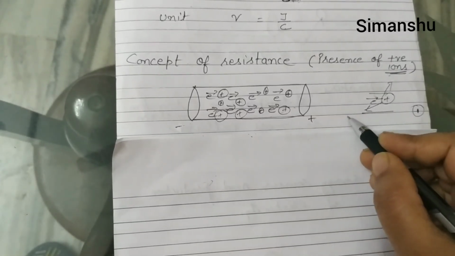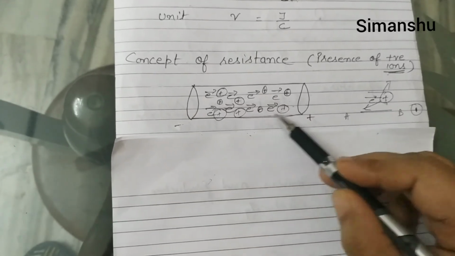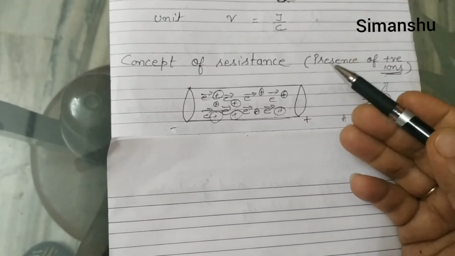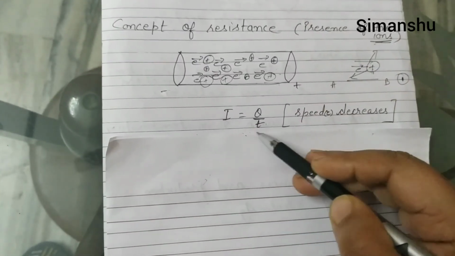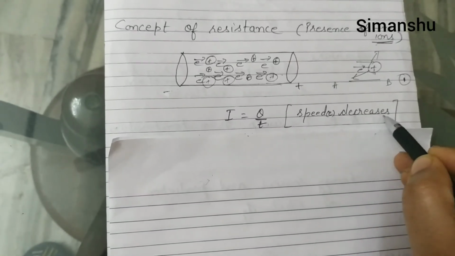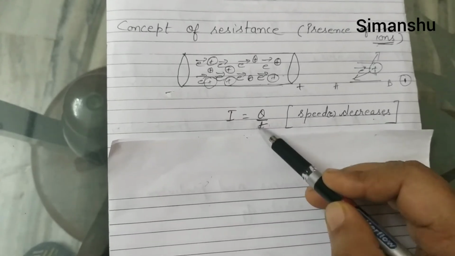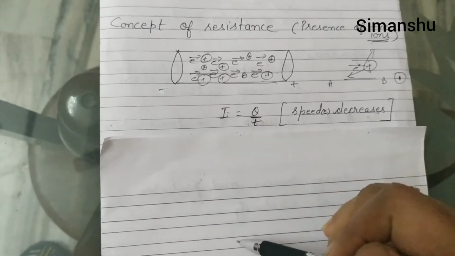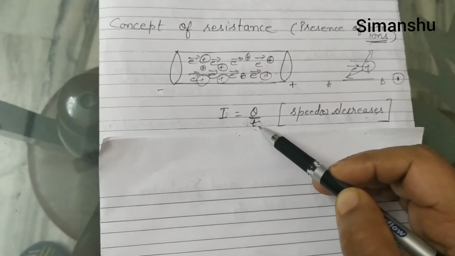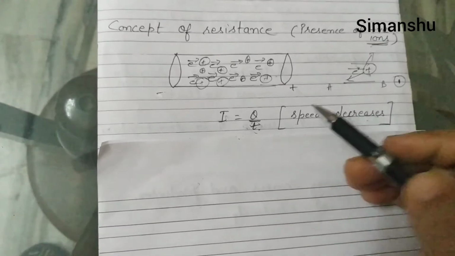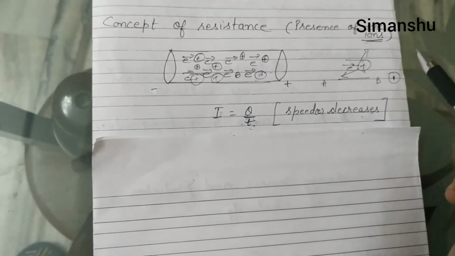Say they started from A to B. Now due to this positive ion, they are going to take more time. If the time taken is more, the speed of their flow will decrease. If the speed is decreasing, and this time increases, current will decrease. They are inversely proportional to each other. Hence, the presence of positive ions causes resistance.